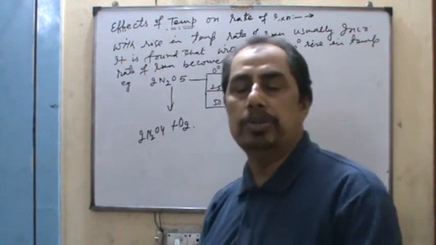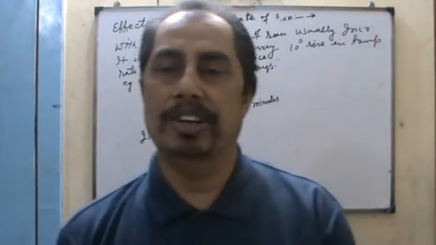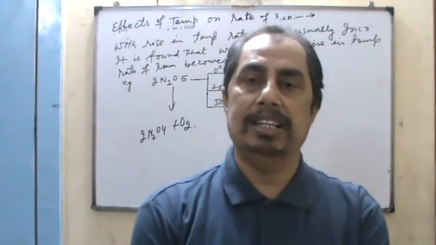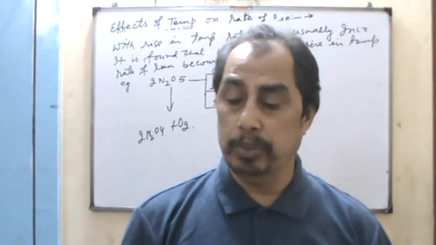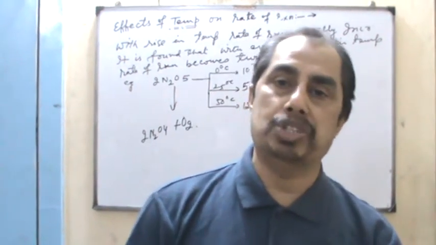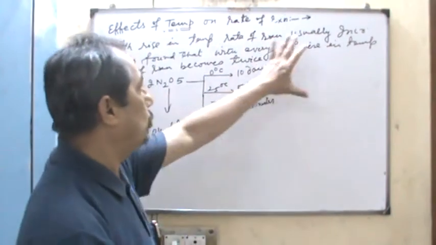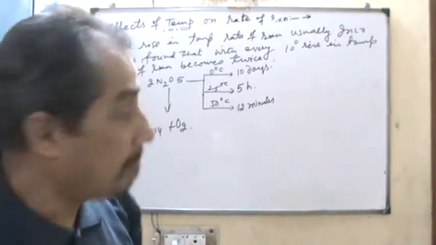That is why we say, with rise in temperature, rate of reaction usually increases due to increase in the kinetic energy. Experimentally, with every 10-degree rise in temperature, rate of reaction becomes twice or even thrice.